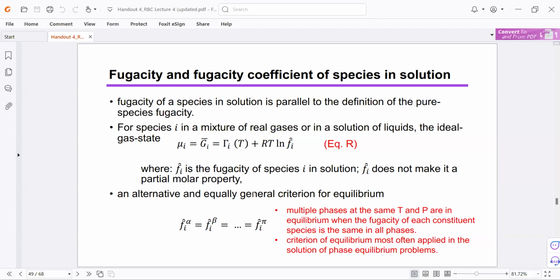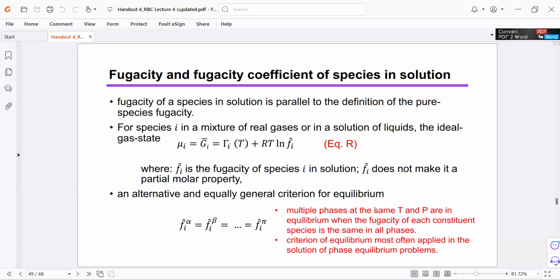To describe the equilibrium, we have a general criterion, wherein, for example, we have multiple phases, alpha, beta, etc. So f_i hat for alpha is equal to f_i hat for beta, and so on and so forth, when they are in equilibrium. So multiple phases at the same temperature and pressure are in equilibrium.